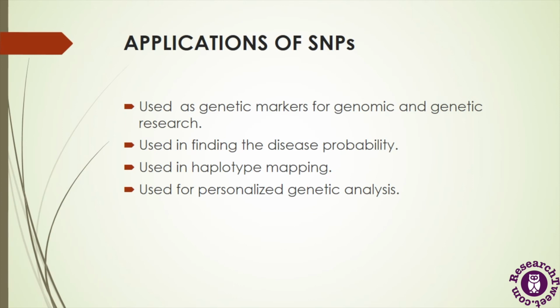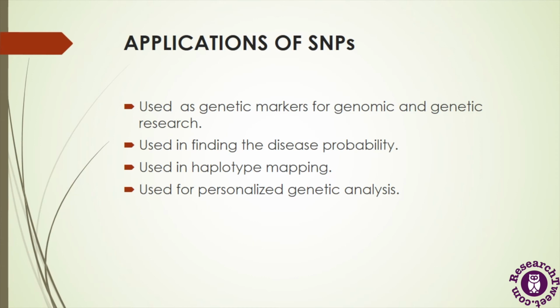Another application is finding disease probability. SNPs are used in linkage disequilibrium, and they can help find the disease probability in a particular organism. They can also be used in haplotype mapping, and they are a kind of genetic marker, which is why they are used in determining a disease or a particular trait that has the ability to cause disease in an organism.